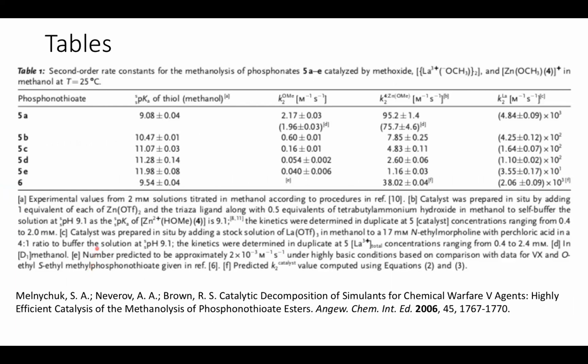So for example, in this case, we have different pKa and rate constant information provided in 4 different columns. And each of these columns has a caption that's referenced below that gives me the exact information of, say, what conditions each of these steps were conducted under.